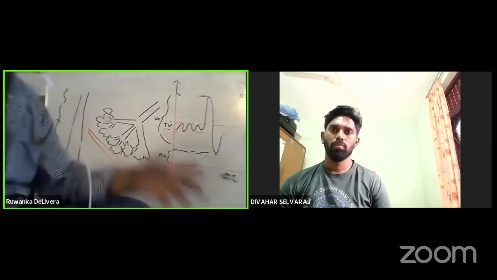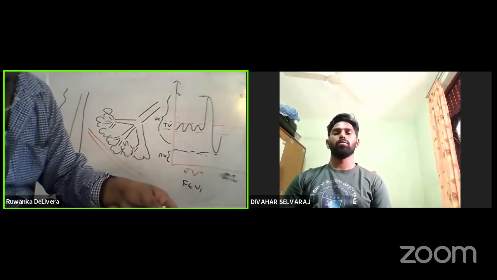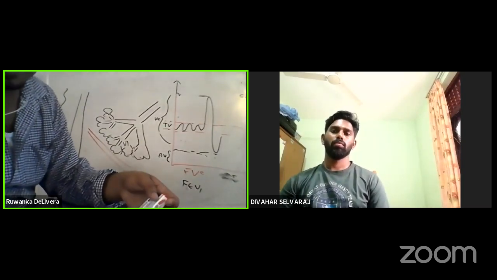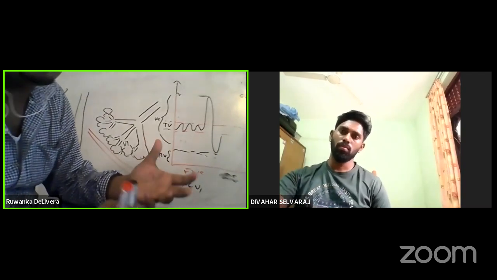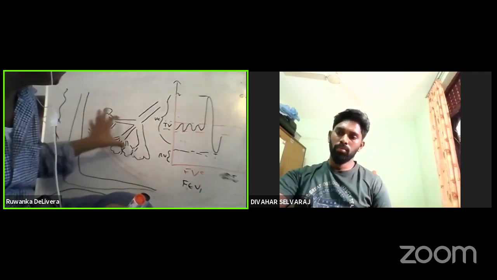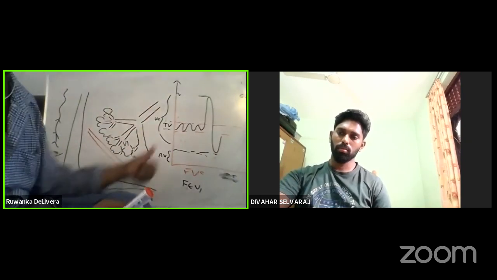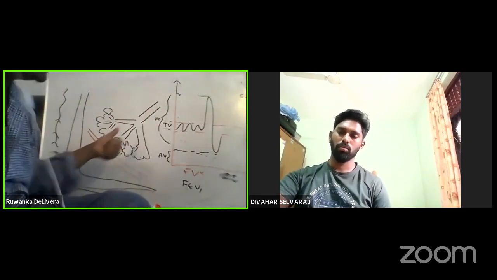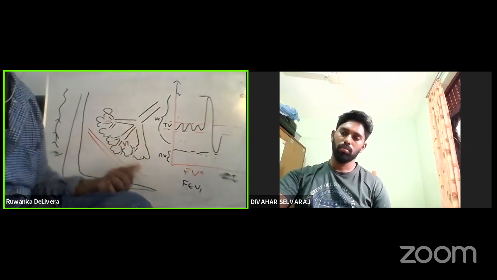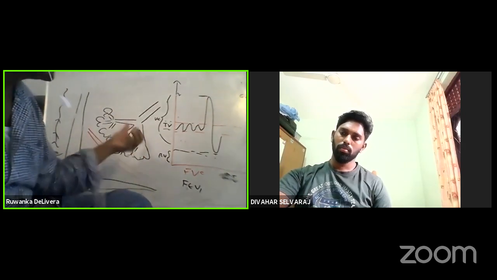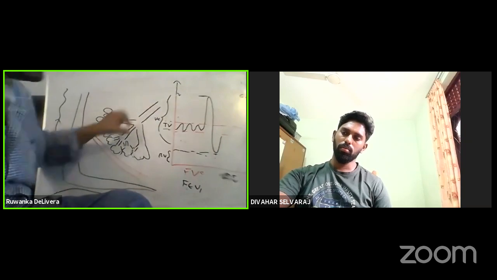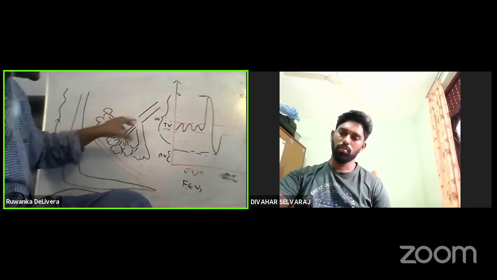Right. So FEV1 is a very good measure to assess airflow limitation. The speed at which the air goes out when you blow is decided by it, because it measures how much goes within the first second. So it's a very good measurement to assess airflow limitation. If there's any obstruction to the airway pathway, what will happen?